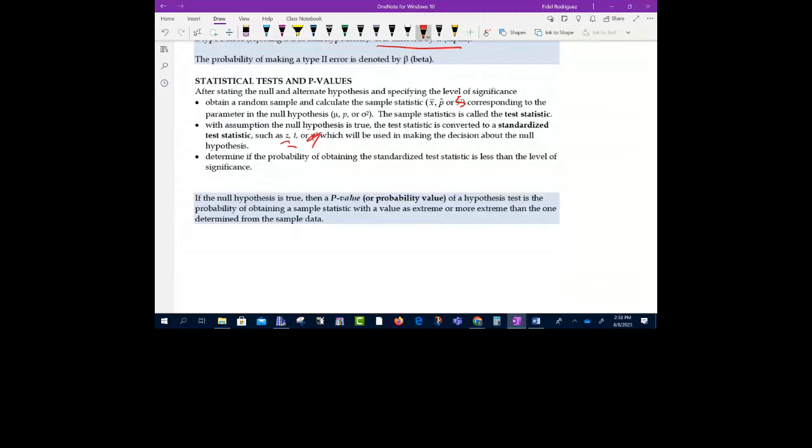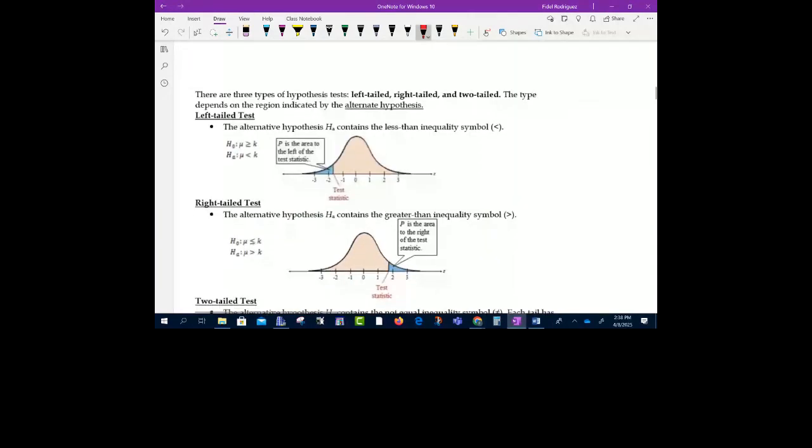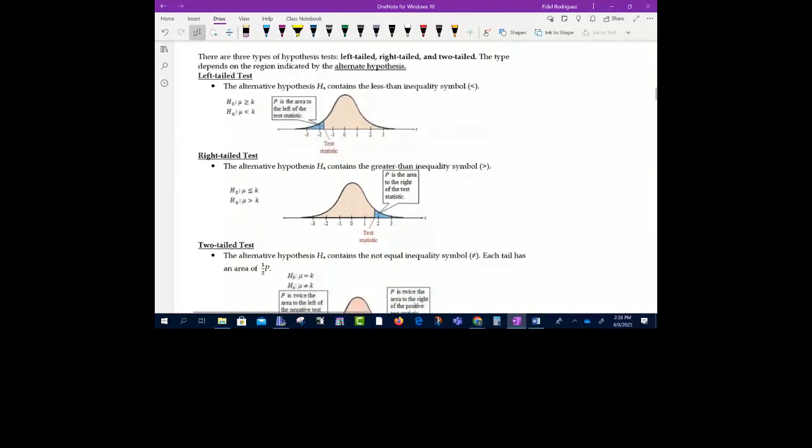Okay, so it says, if the null hypothesis is true, then a p-value of a hypothesis test is the probability of obtaining a sample statistic with a value as extreme or more extreme than the one determined from the sample data. We're going to start doing the actual testing with 7.2, 7.3, and 7.4.